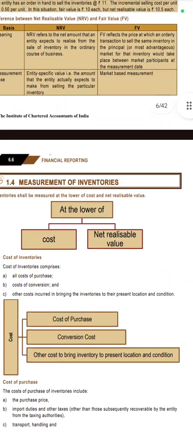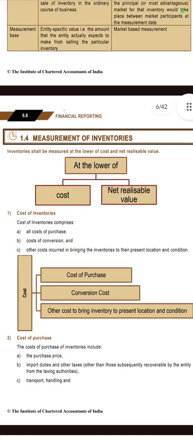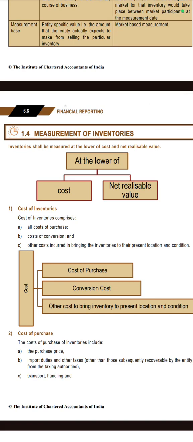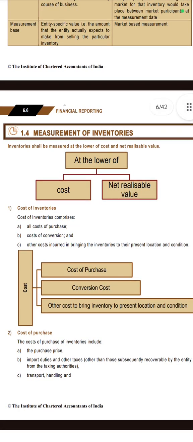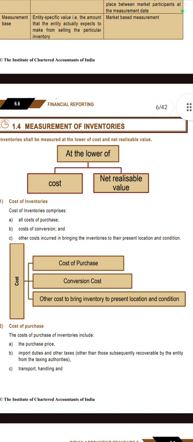Now, measurement of inventory. It's very important to understand this concept. We should measure the inventory at the lower of cost or NRV. So what is the cost of inventory? Cost of inventory includes all costs of purchase, costs of conversion, and all costs incurred in bringing the inventory to its present location and condition.